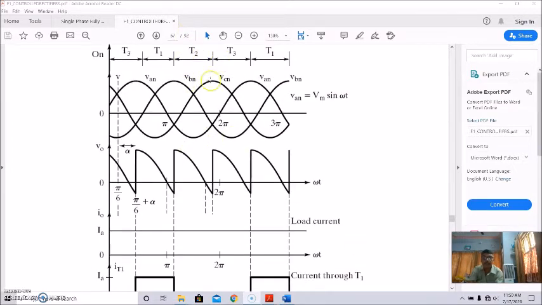Okay, this is the conduction period of thyristor 2, and it conducts until thyristor 3 is triggered. When thyristor 3 conducts, thyristor 2 will be in reverse bias mode, and as a result thyristor 3 will be forward biased and it will conduct in case of inductive load, and the waveform will be like this.